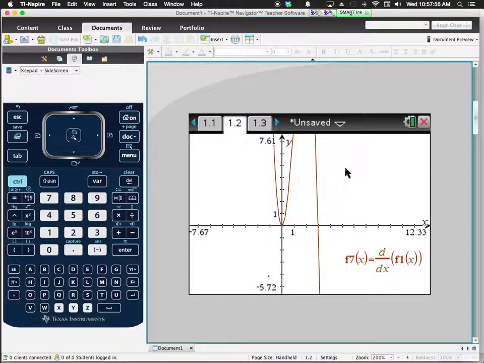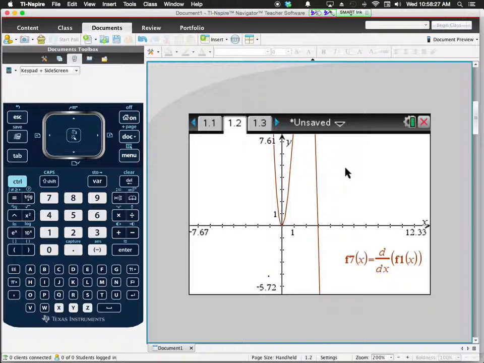Okay, I just got a little confused. That's fine. That's a great point, and we'll go back to what Pauline talked about. When we have a graph of f prime, we use f prime to talk about points of inflection. What is our justification? It changes from increasing to decreasing or decreasing to increasing.